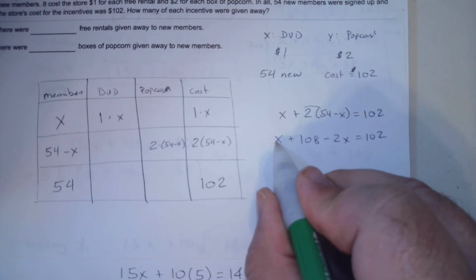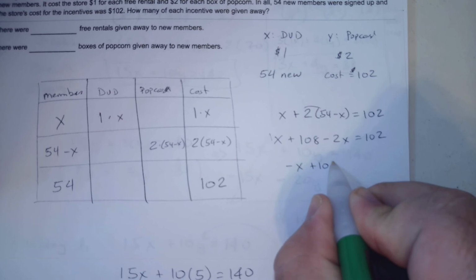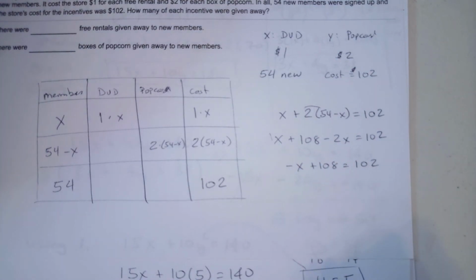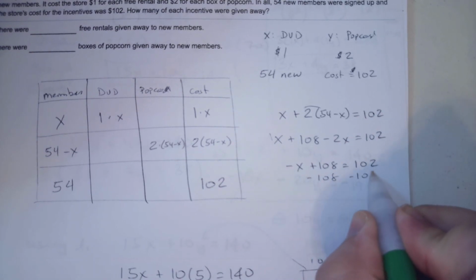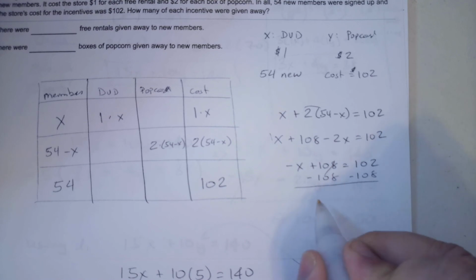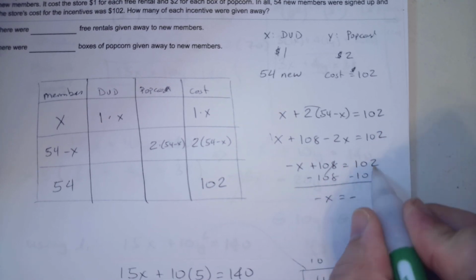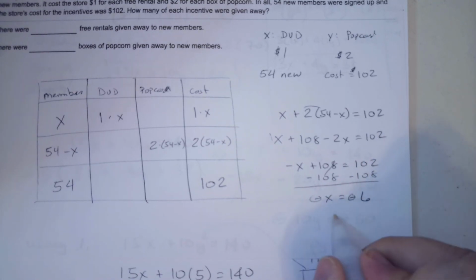Combining terms, 1x minus 2x is negative x. Subtract 108 from both sides. So it's negative x equals 108 minus 102, which is 6. Change the signs.